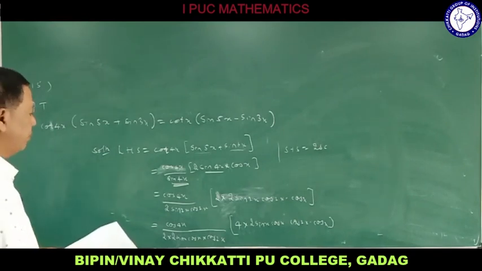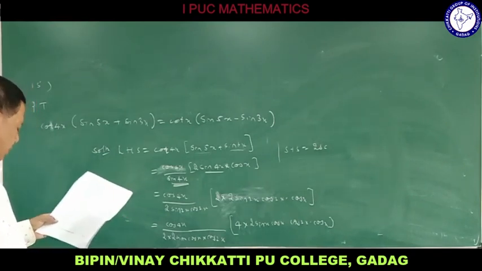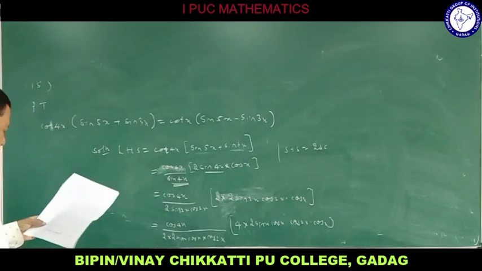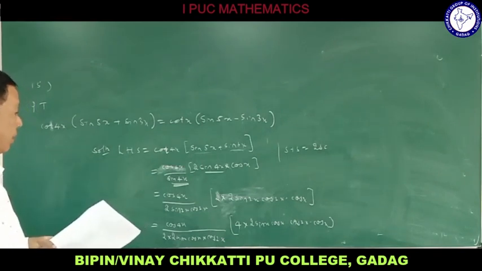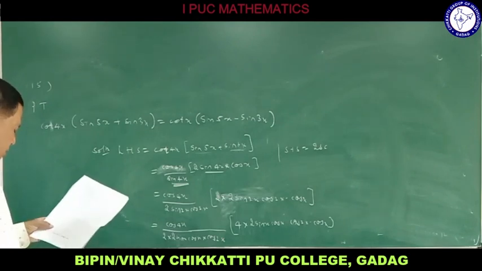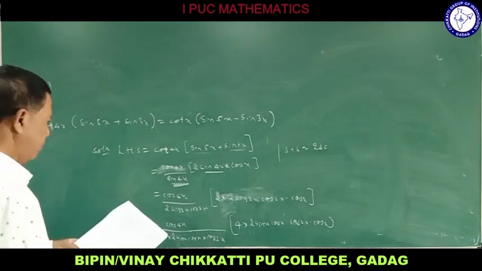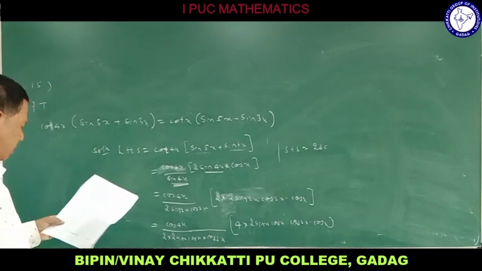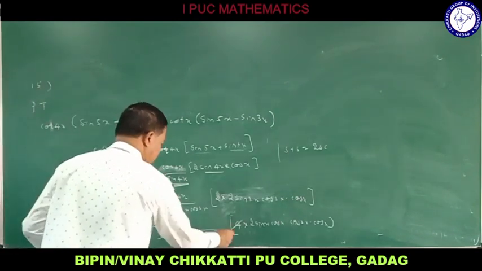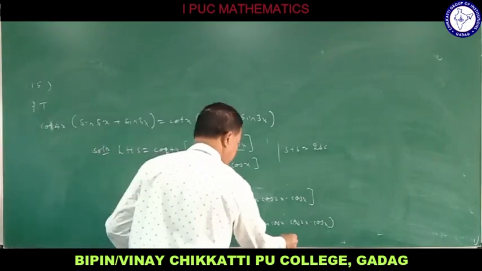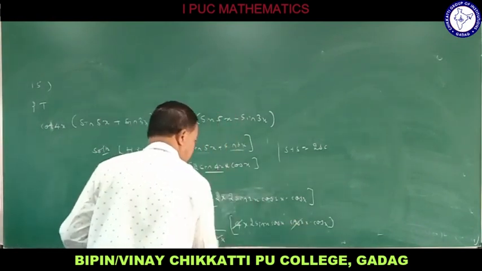Now you have to go for simplifying in such a way that cos 4x is there, and here you have to see the cancelling. Cos 2x is cancelling, the 4 is cancelling, and cos x cancels with cos x.